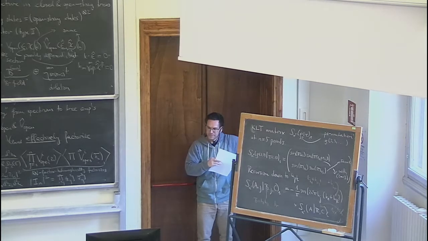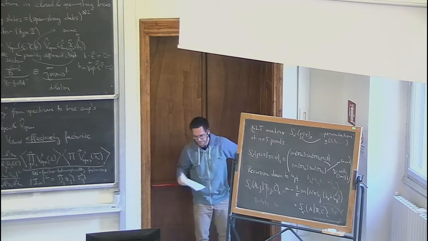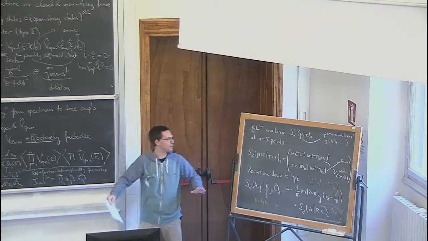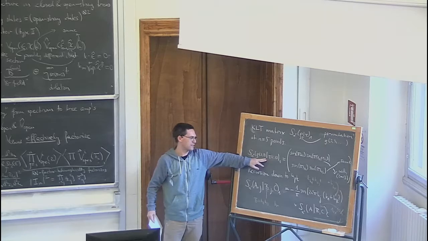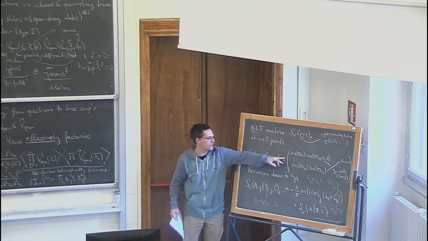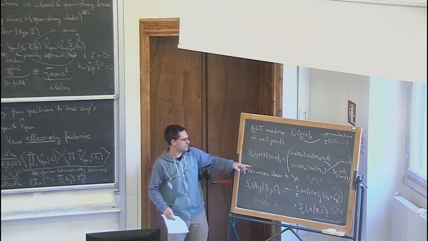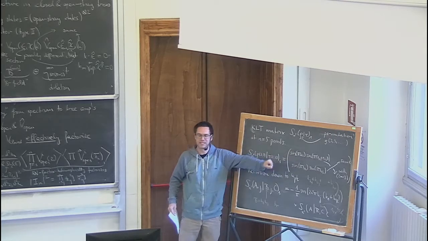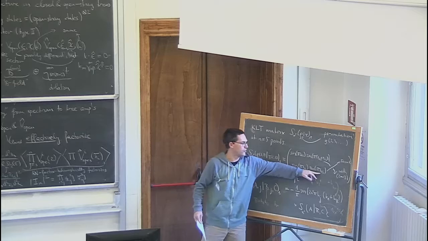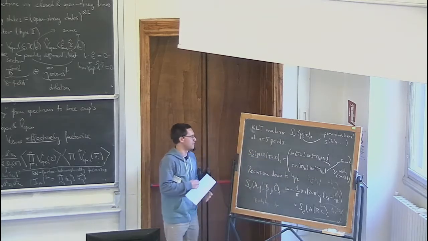But in order to have a catchy formula for all multiplicities, I will advocate the following KLT matrix at 5 points. It's a 2 by 2 matrix with 2 sine functions. And the arguments of that sine are always some kinematic variables, some dimensionless Mandelstams.